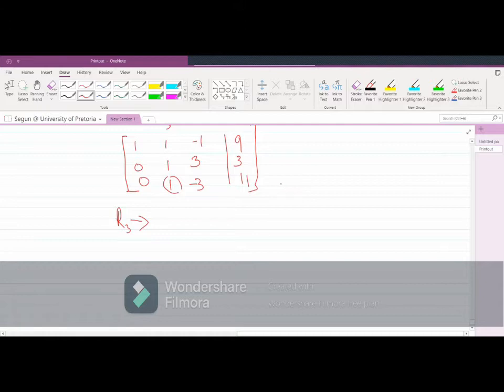No, it's too far now. You can only work with rows 2 and 3. You said you can add them together, row 2 plus row 3? It won't give us what we need. Remember, this one must give us 0.